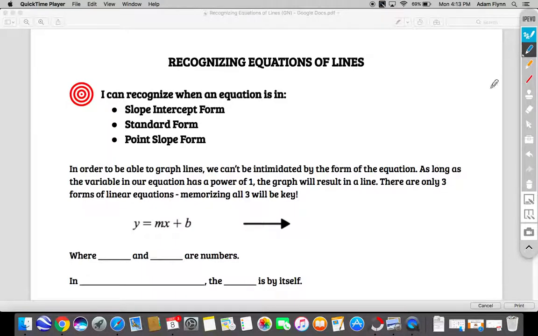So the first equation, y equals mx plus b, whenever you hear that, you know it is in slope-intercept form.